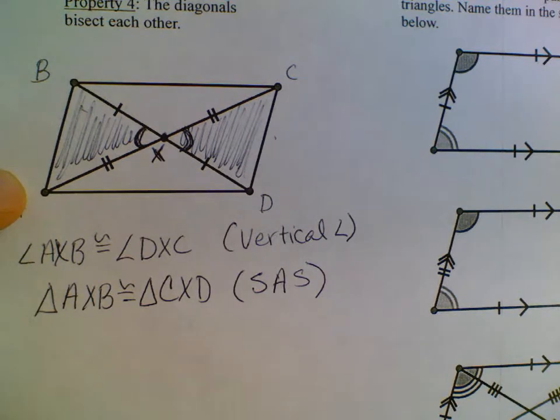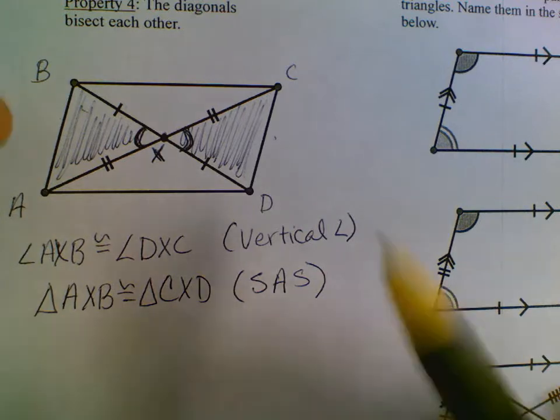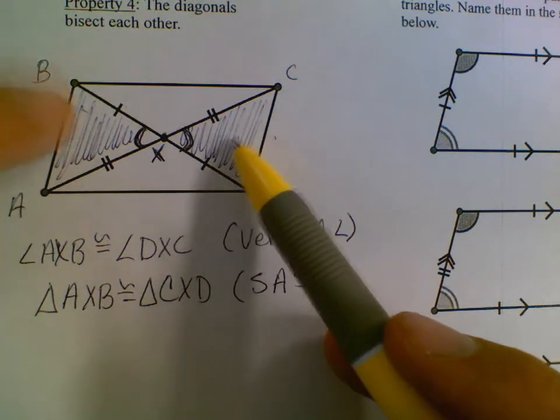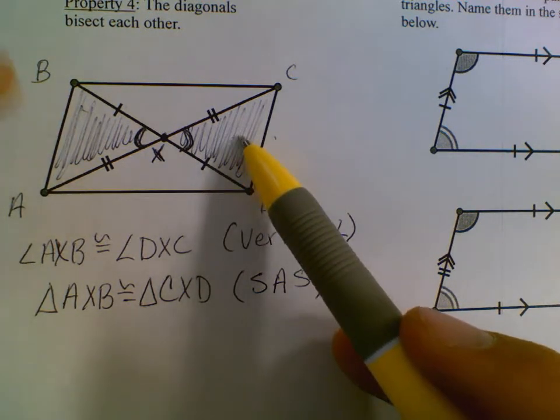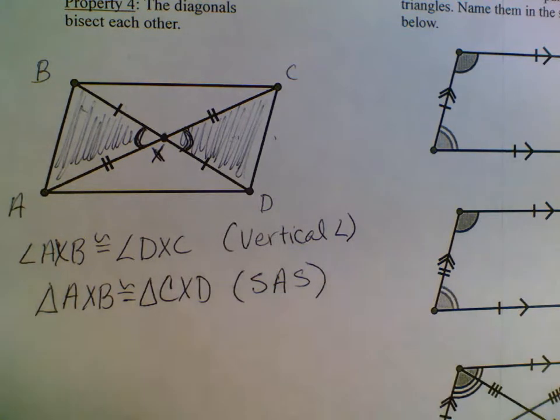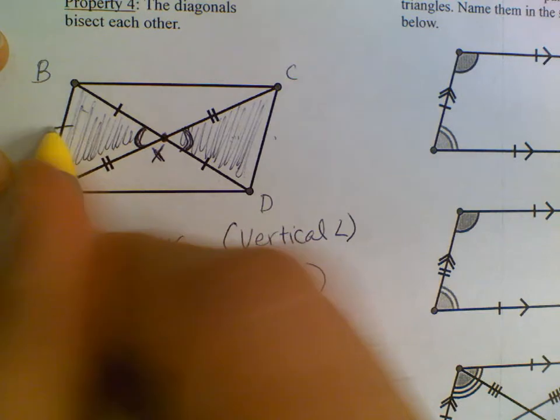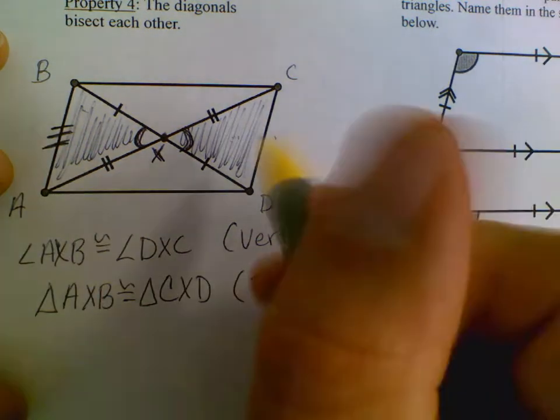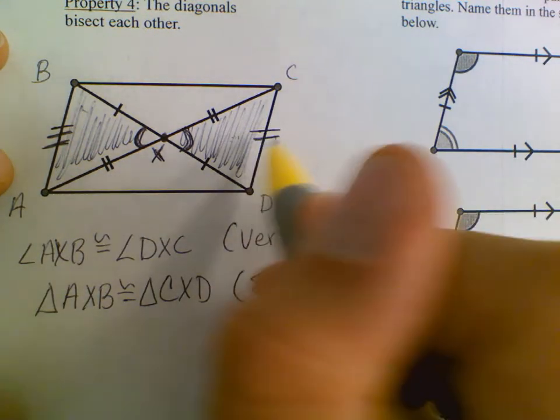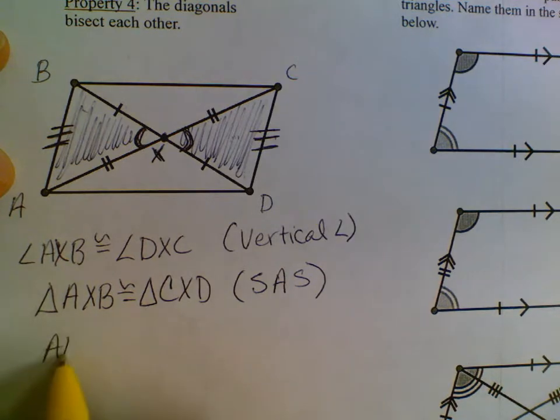All right. So what must be true? If we just proved the two shaded triangles are congruent, what has to be true? All of the corresponding parts have to be congruent, including which one? AB and CD. AB is congruent to CD, right?